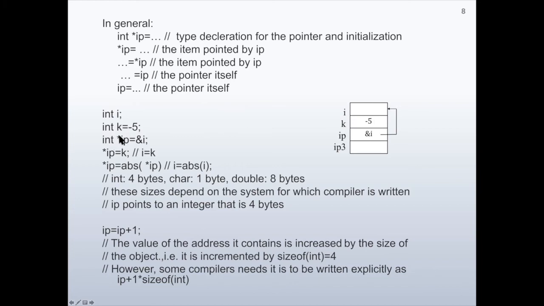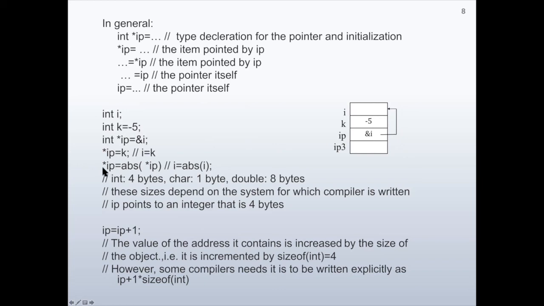And then IP is a pointer to an integer initialized with the address of I. IP contains the address of I, so this is a pointer pointing to I. The item pointed by IP is assigned the value k. So the item pointed by IP is I, and it is assigned the value of k. So I becomes -5 after this operation.